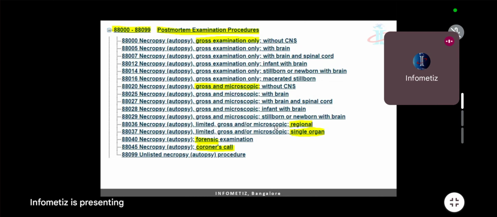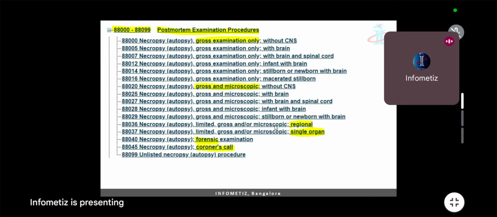This is gross examination. When you do microscopy, we'll make a cut and see under the microscope how it looks like. So 88000 to 88016 is a necropsy or autopsy with only gross examination.